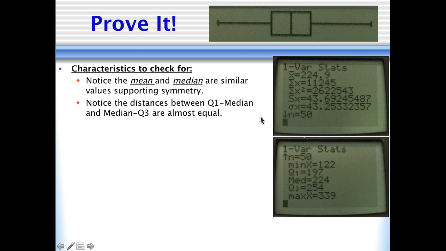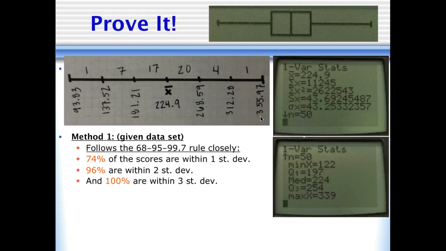Now, one way that students can check whether or not it's approximately normal is they can check whether or not the data follows the 68, 95, 99.7 rule, also known as the empirical rule, or I refer to it as the radio rule. So sure enough, if I break up my data, the mean according to my calculator is 224.9, and my standard deviation was 43.69.